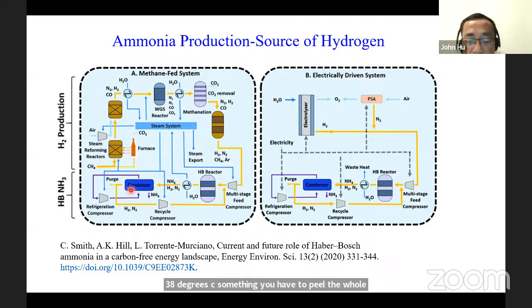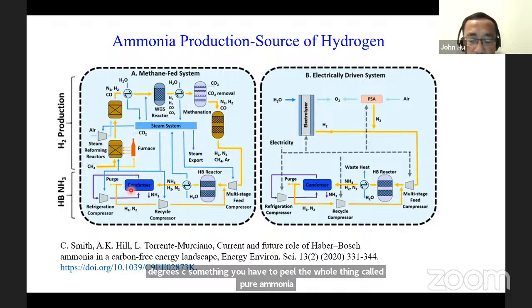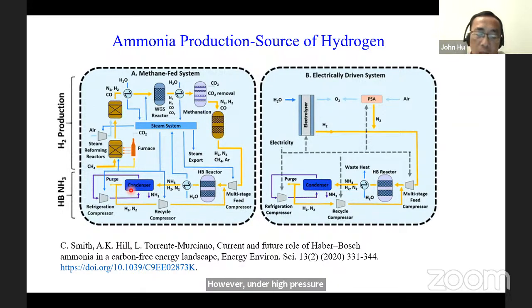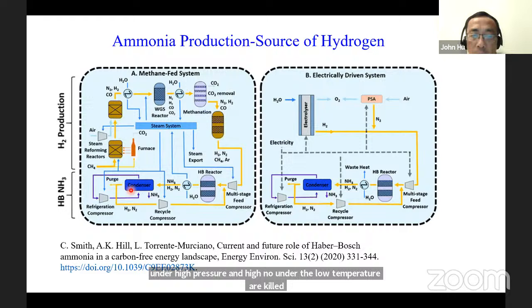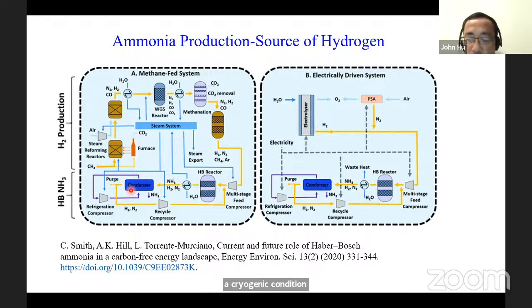However, under high pressure and the low temperature cryogenic condensation, hydrogen and nitrogen will not condense. You see the condenser? They will not condense, so they are going to be recycled. It's a yellow line. That hydrogen, nitrogen will always stay in the gas phase, whereas ammonia will be condensed out.